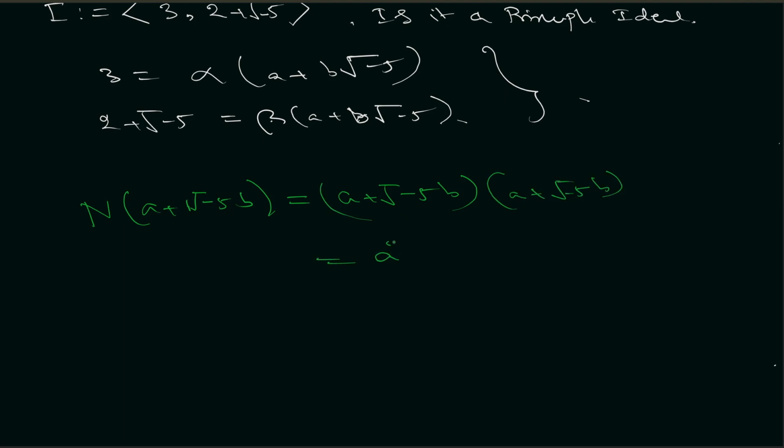This is actually a square plus 5b square. This is your norm. So let's keep it aside and let's just use this.